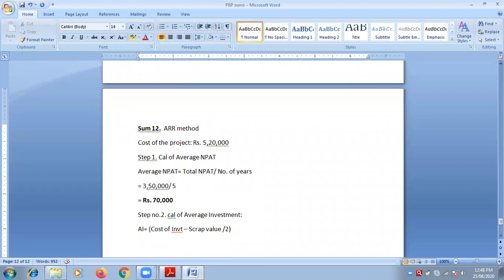And then after the bracket, we need to add back the one which was deducted. Inside the bracket, scrap value is deducted, and outside the bracket, it has to be added back.